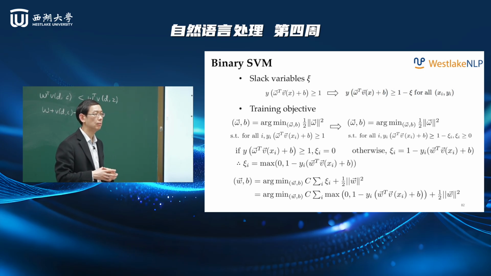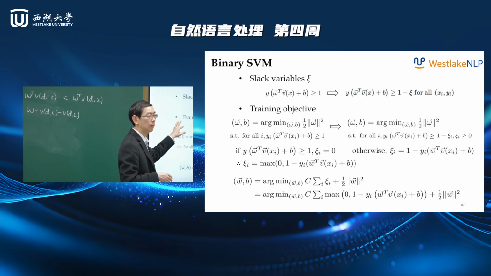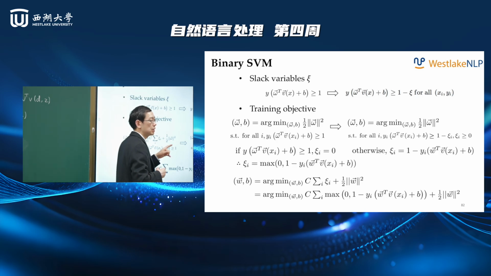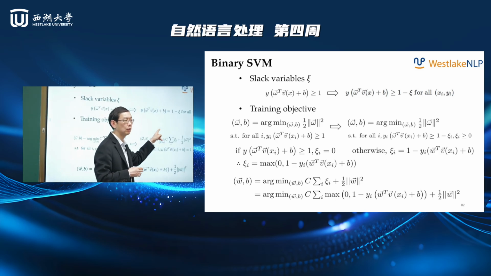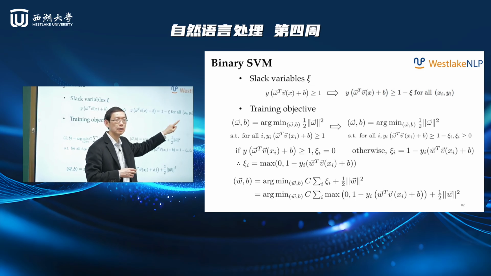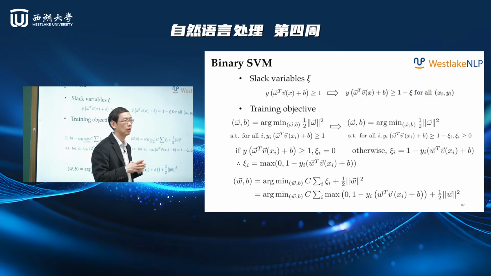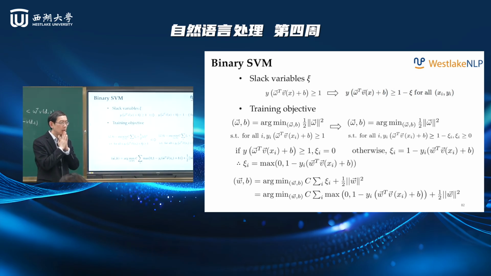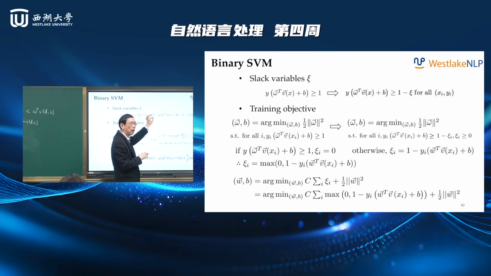Then for some training samples, y dot the score can be lower than 1. Now why don't we just say, for all the training samples, I want to make sure that y dot the score is greater or equal to 1 minus a slack variable? If the dot sits between 1 and the hyperplane, the slack variable is between 0 and 1.